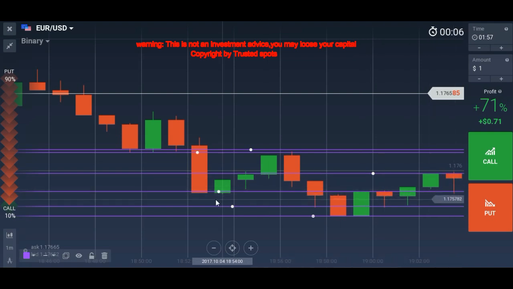Why? Because you can see this line was previously a support that became a resistance, and it's now again a support, so it is very near. So this is a support, but this is a weak resistance. So if you think that the market will go up, it is wrong. Why? Because there is a resistance above.